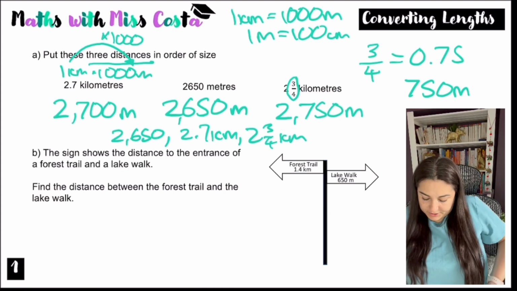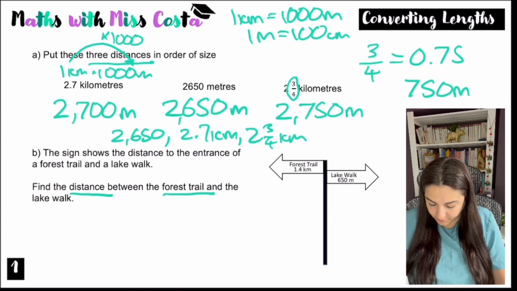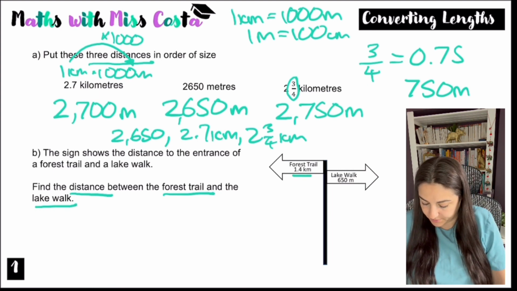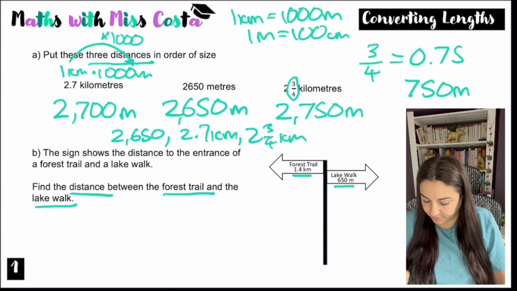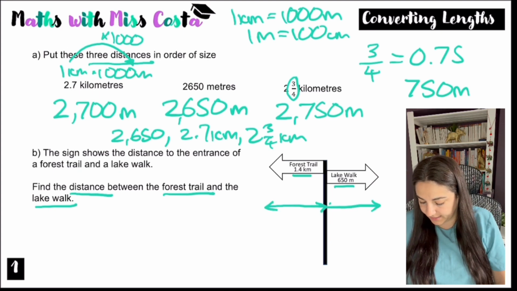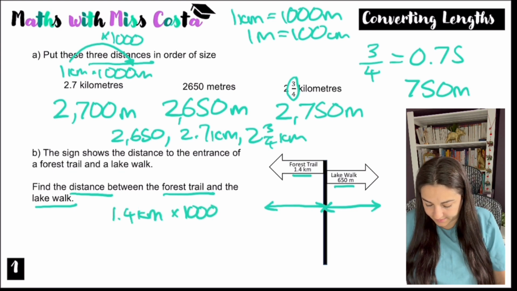Now for the question over here, I am being asked to find the distance between the forest trail and the lake walk, and here they tell me the distance of the forest trail, 1.4 kilometers to the left and 650 meters to the right. So the distance between them would be the distance over here plus this distance here. So let's convert it. 1.4 kilometers, I times that by 1,000 to get it into meters, is 1,400 meters.